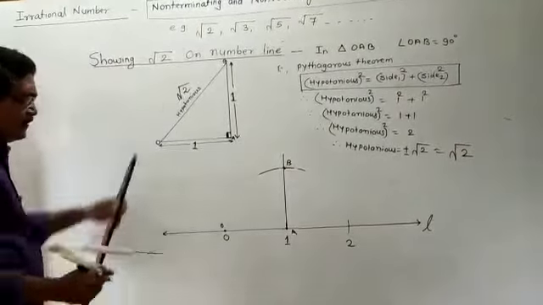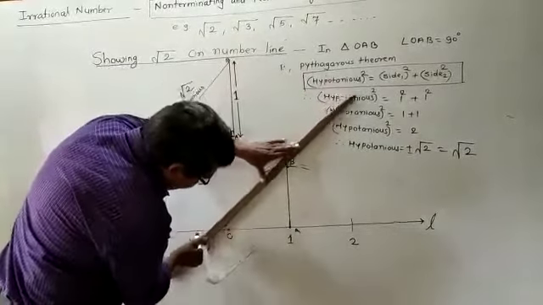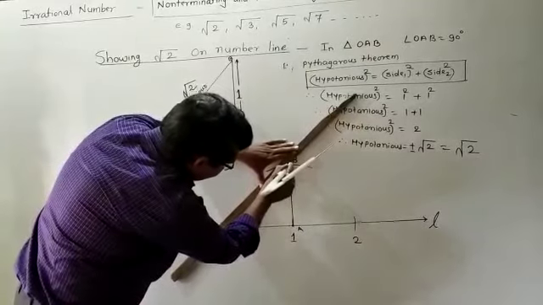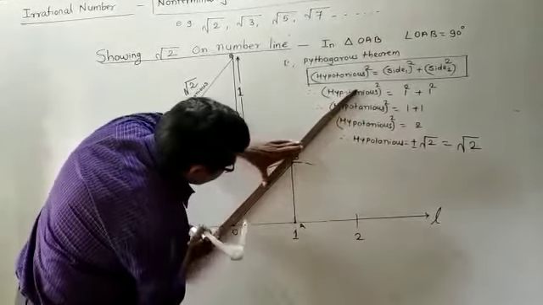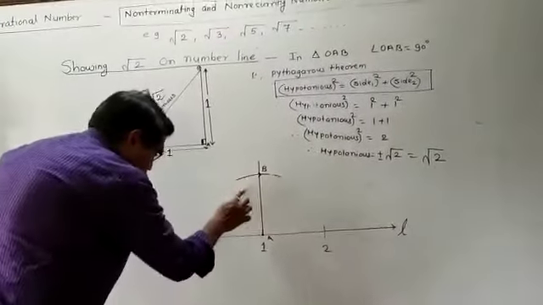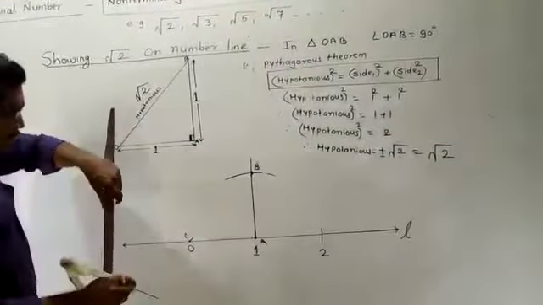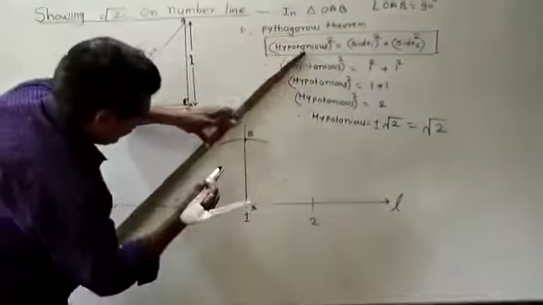At that time you have to draw the hypotenuse. So you have to join this OB. If you will join the OB, at that time you have to join OB like this. You have to draw the OB like this.